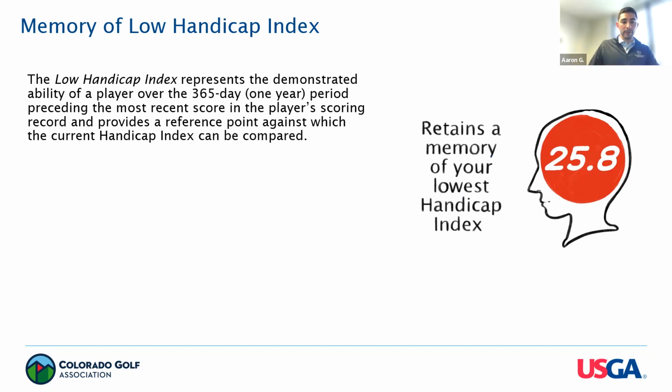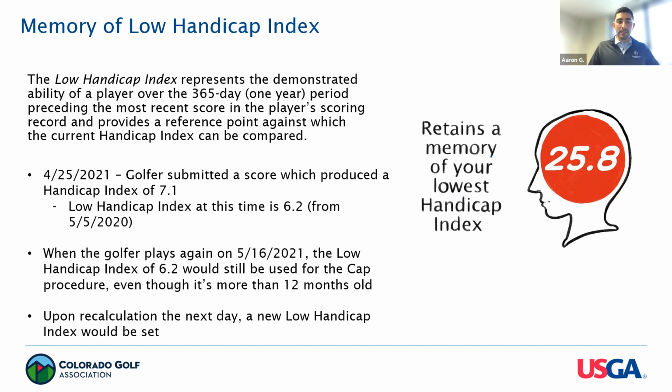And the reason why a golfer needs to see that is because based on the difference between the two indices, that will determine whether a golfer will be soft capped or hard capped. Okay. So a low handicap index, here's a situation.